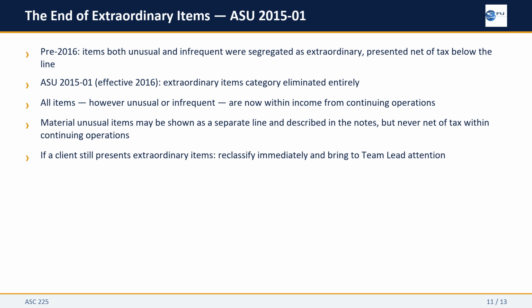Unusual or infrequent items may be broken out as a separate line and explained in the notes, but they cannot be presented below the line or net of tax. If you encounter a client still using the extraordinary items label, that is an error. Reclassify it and bring it to your team lead immediately.